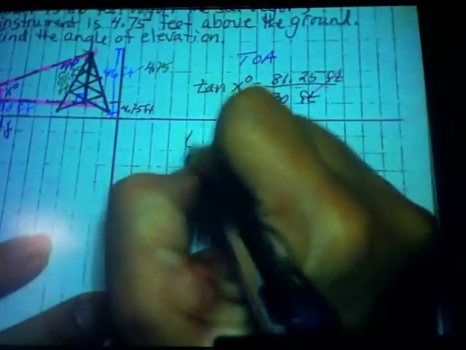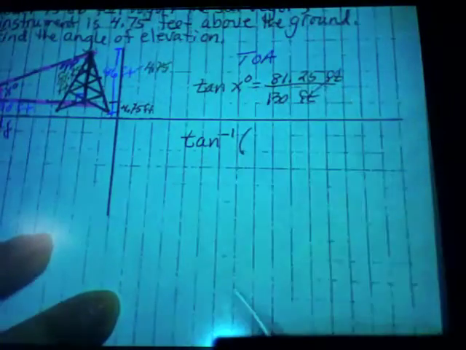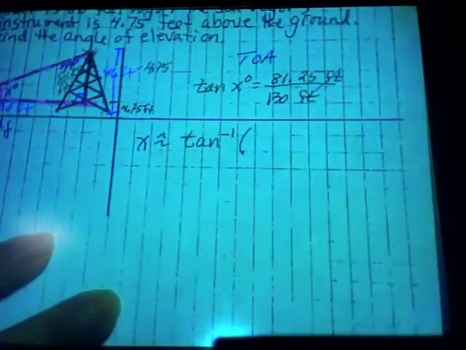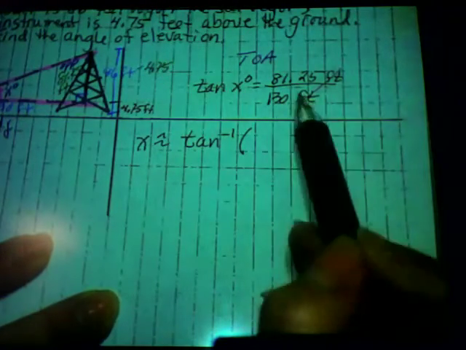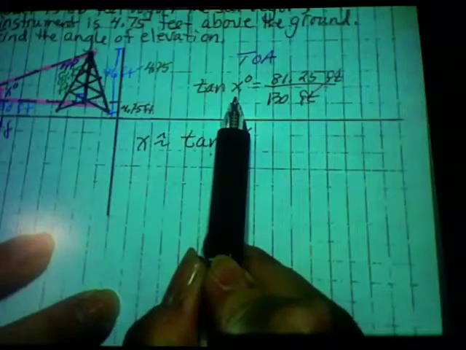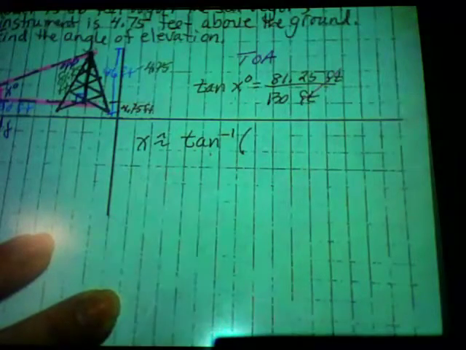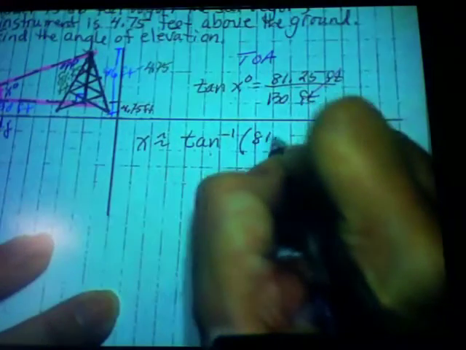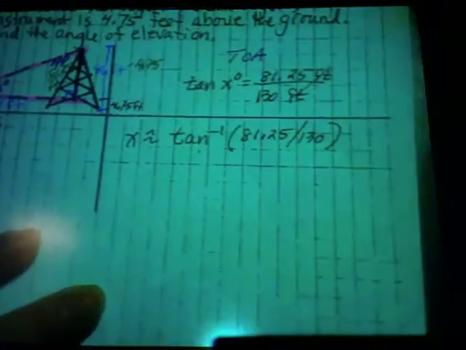So we're going to find what's called the inverse tangent. So x is approximately equal to the inverse tangent, and we only use the inverse tangent when we don't know the degrees. You've got to get used to that. So x is the inverse tangent of 81.25 divided by 130. That's what your calculator is going to look like.